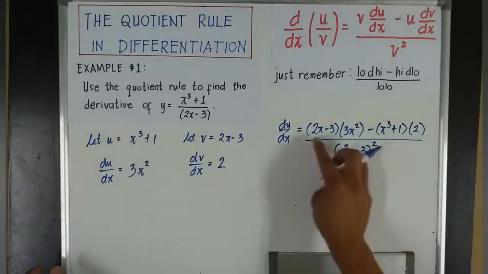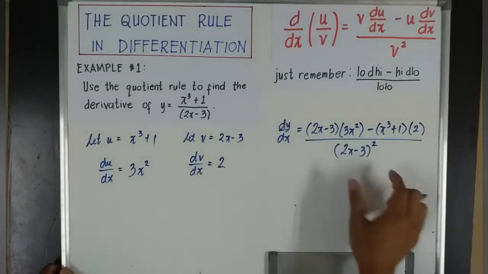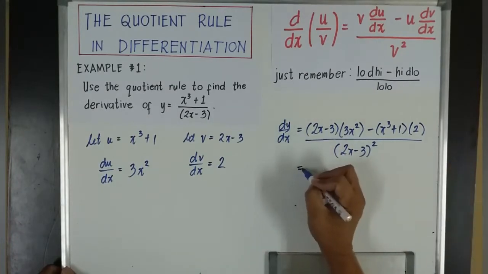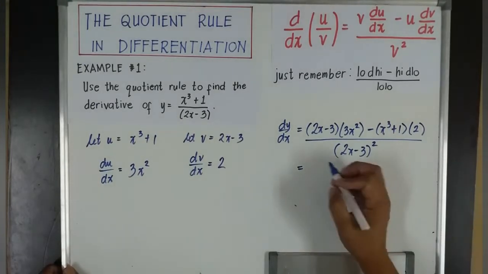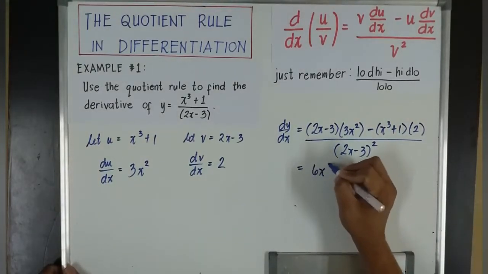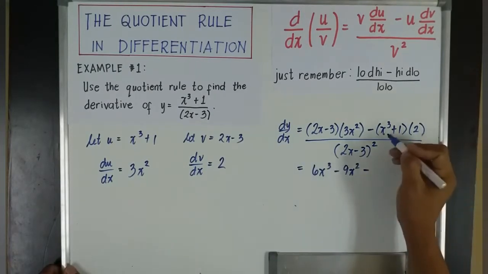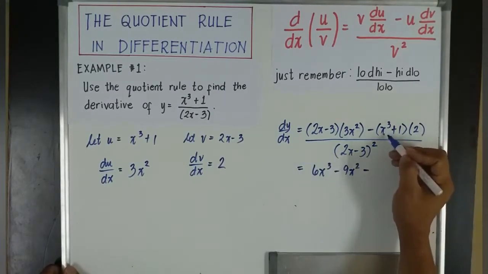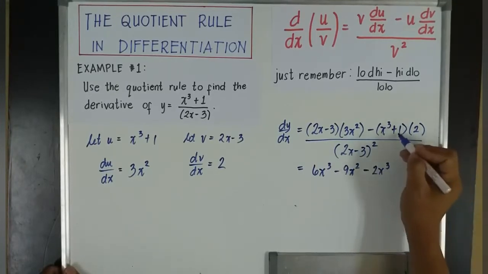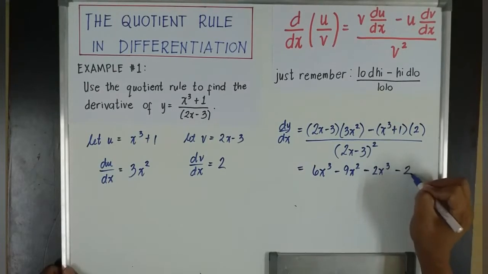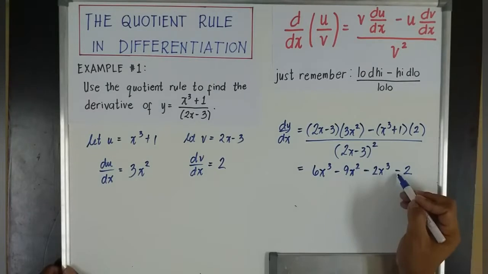Next, you have to expand this. If you don't want to expand, it's okay also, as long as we can see that you are doing it properly. So I now have 6x cubed minus 9x squared minus 2 times x cubed is 2x cubed, 2 times 1 is 2, times negative is negative 2. Remember to do that, or you can put a bracket, then this still will be plus.